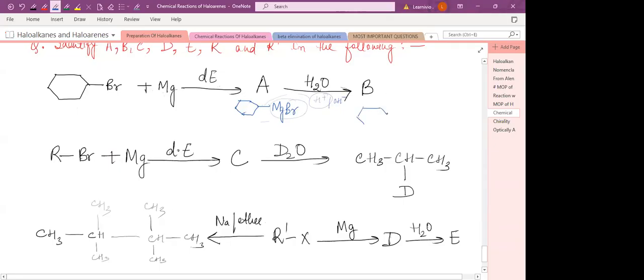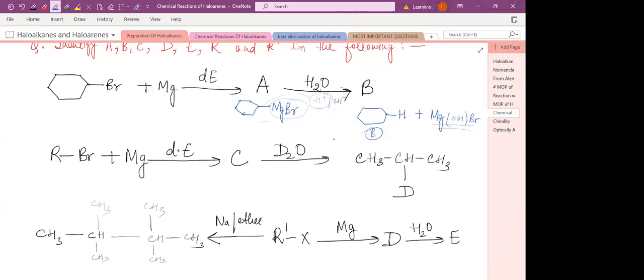Basically you will get this plus the byproduct, which will be MgOHBr. So the byproduct is not your B, this is your B. Clear, everyone? Yes, ma'am. This type of question can come in your exam. So do the second reaction, this one.